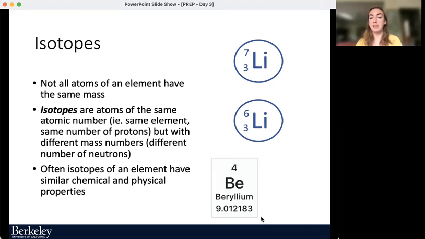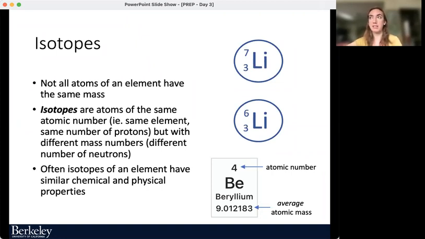But the mass number that's shown down here is going to be the average. So on average, if I pick a million random beryllium atoms that I find in the universe or in the world, the average atomic mass is going to be 9.01.